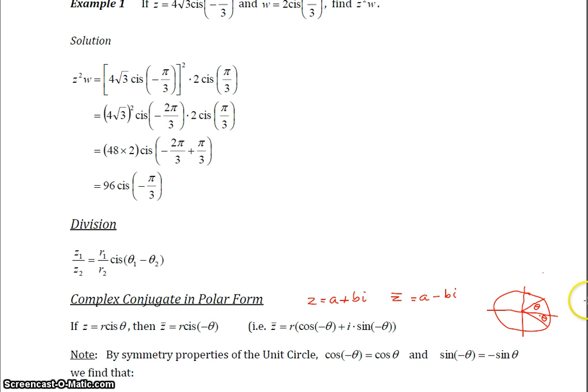Now cos, you remember, is our x-coordinate, so if we were to draw our dotted line down here, cos of theta is the same as cos of negative theta.